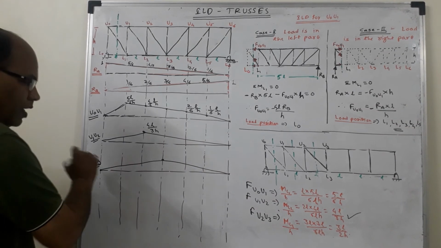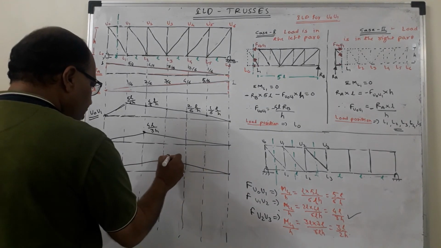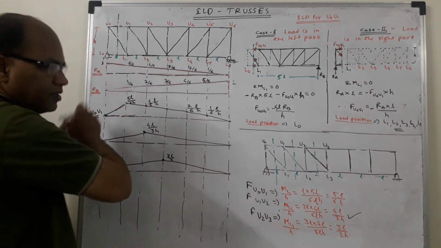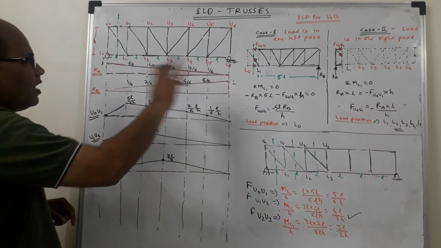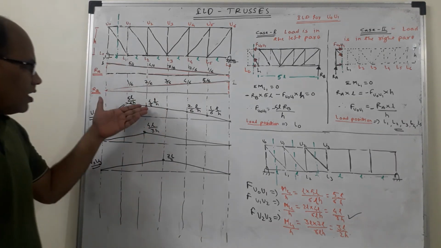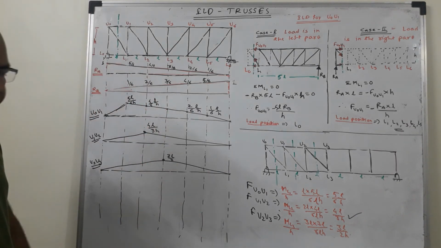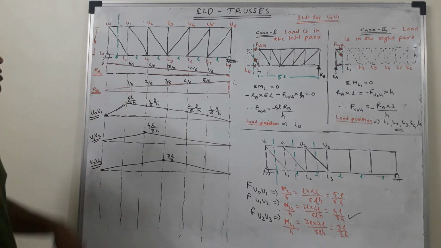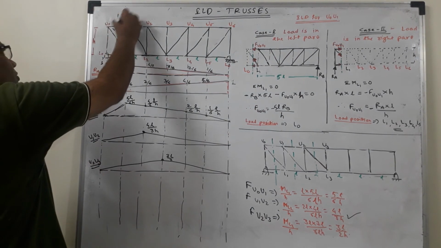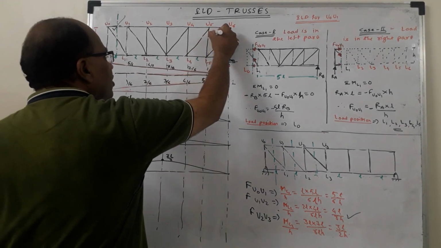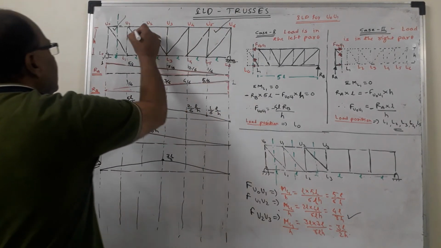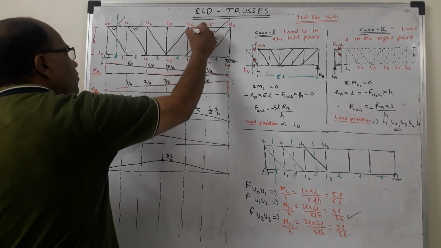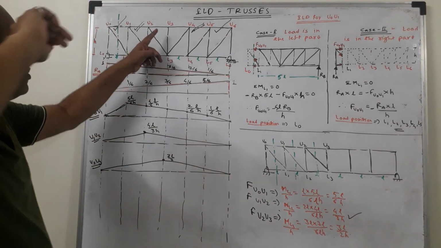Now, this value is 3L divided by 2H, so that completes the first half of the truss. For the remaining half, the diagrams will get repeated, and they are going to be diagrams like this. Now, ILD for U0, U1 and ILD for U5, U6, ILD for U1, U2, ILD for U4, U5 and ILD for U2, U3.